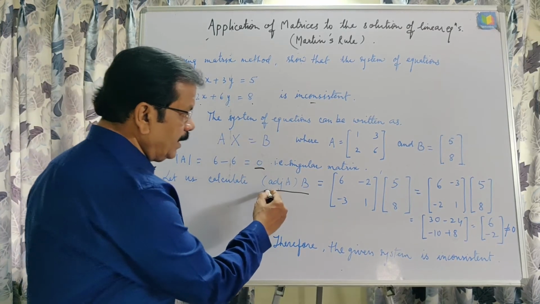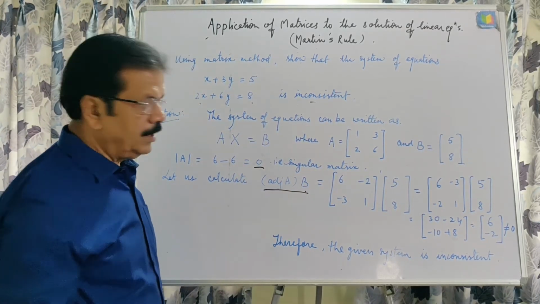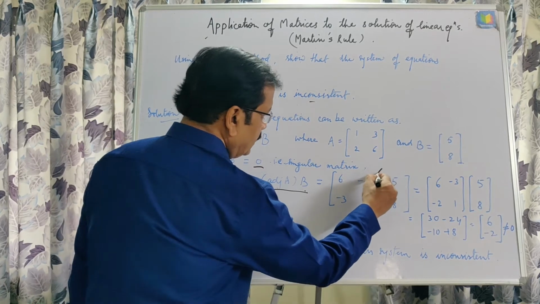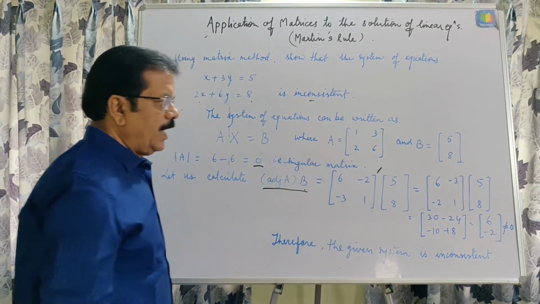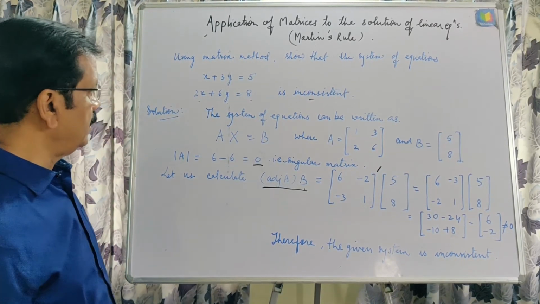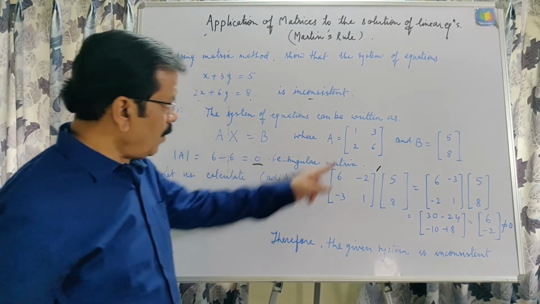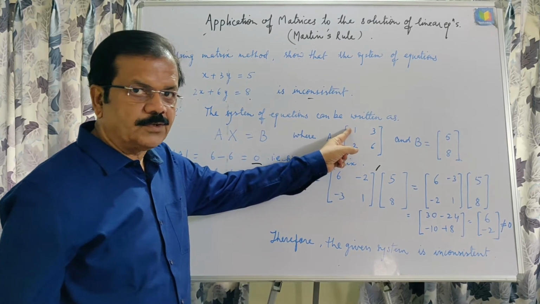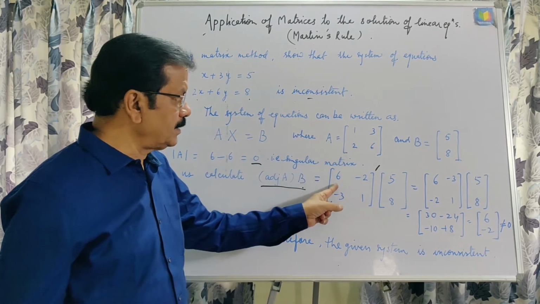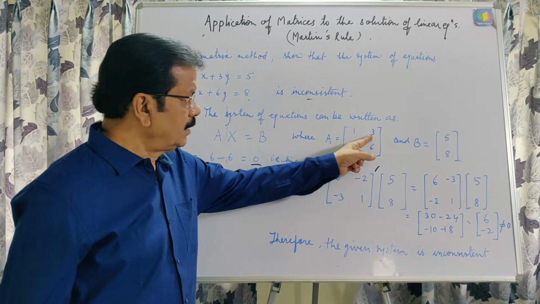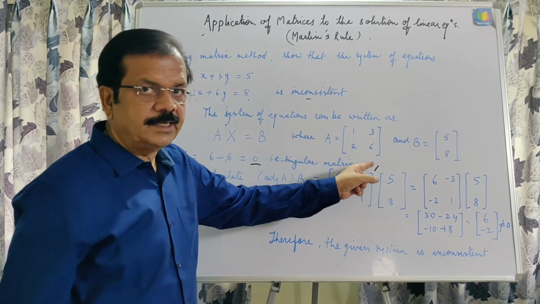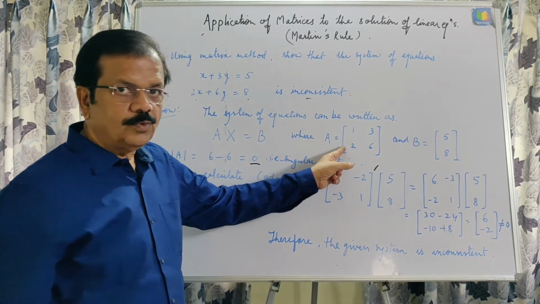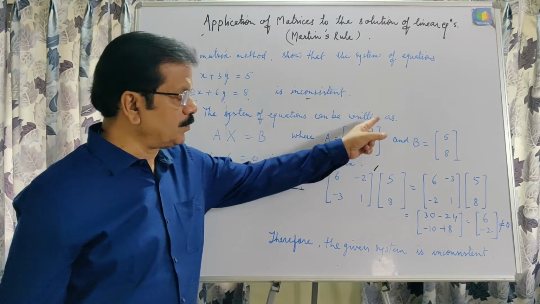Now for finding adjoint of A into B, I have written the adjoint here directly because it is 2 cross 2. For this we get minus 1 to the power 1 plus 1, first row first column, which will be 6, and again here we get 2 with a minus sign because it is first row second column.